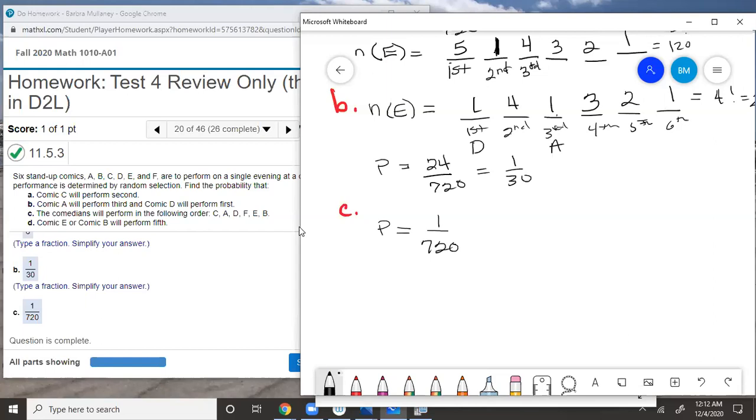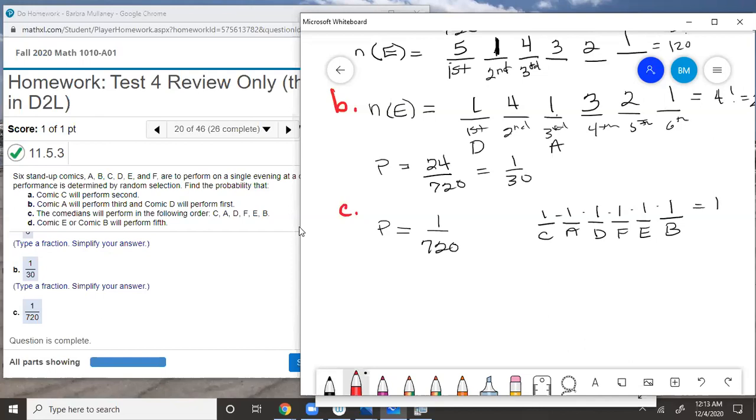The reason is because the numerator, so you have your 6 different events, and C goes first, A goes second. There's only one person to choose from when you put them in this particular order, right? Only one person who can go in each of these events. So when you multiply, you get 1. So that's the numerator. And the denominator will always be the total ways, which is 6 factorial, or 720.